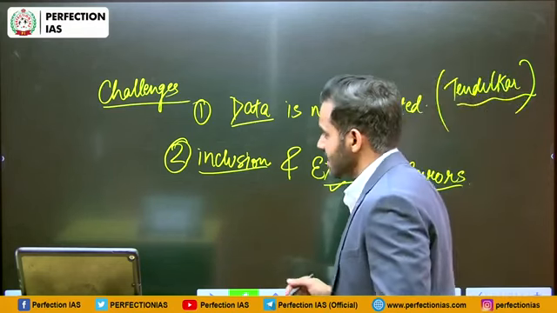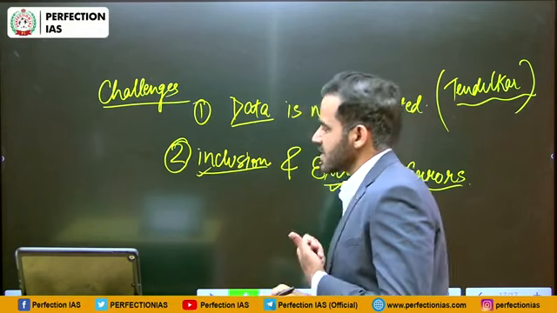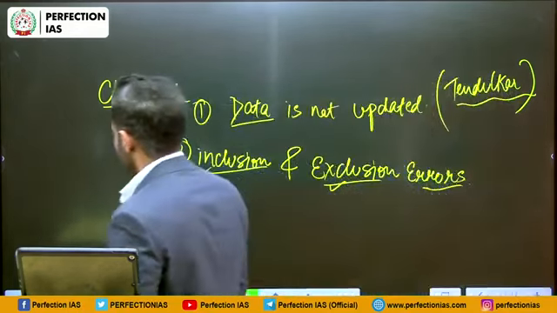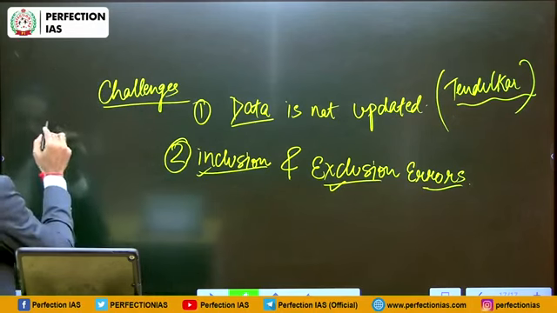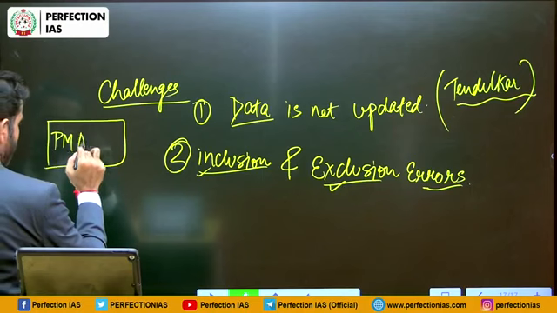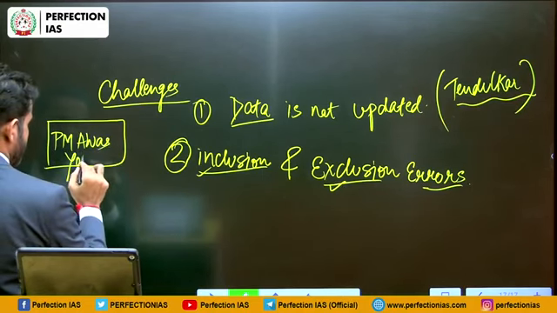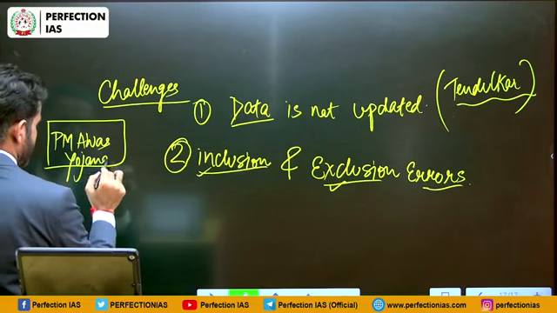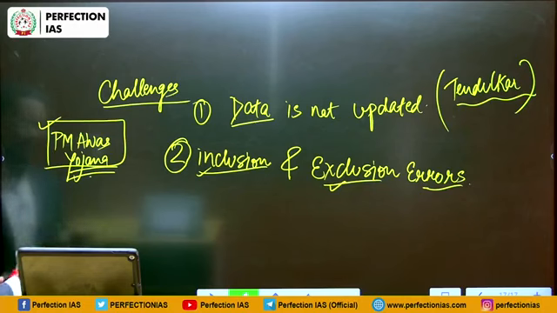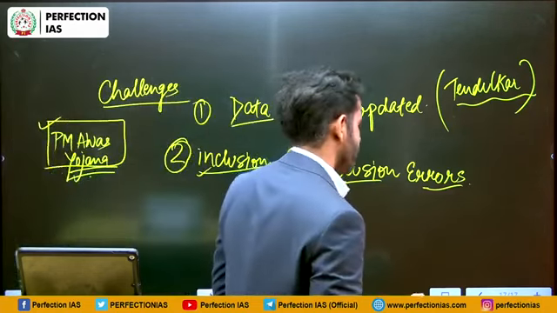Those who do not need it, by fraudulent means, are included in the beneficiary list. Like recently, there was a news report that some of the affluent families have received homes under PM Awas Yojana. That means they are living in bungalows and they have received a home under PM Awas Yojana. So this is a serious problem.